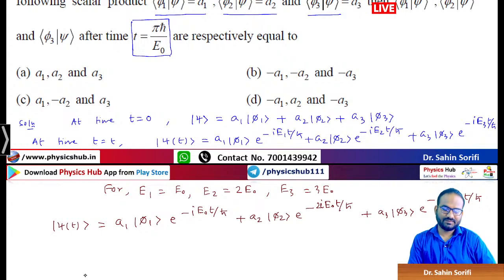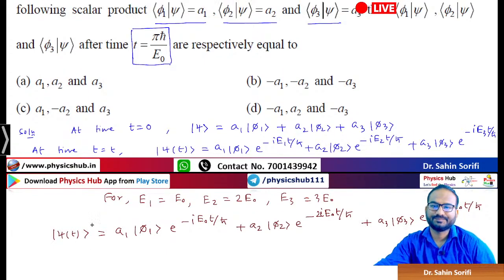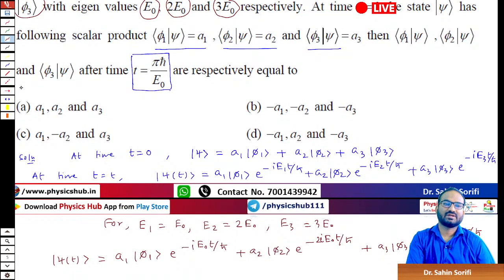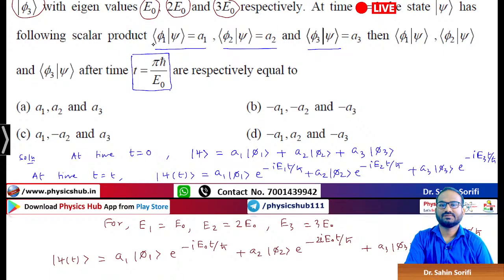This first step, I don't understand how the given scalar product condition leads to the first step at time t equals 0. Okay. Look, at time t equals 0, state psi has the following scalar product. So phi 1 with ket psi is equal to a1, so obviously it will be a1 times phi 1.